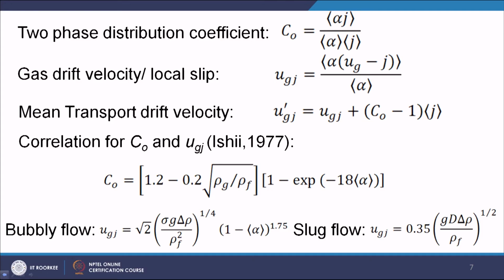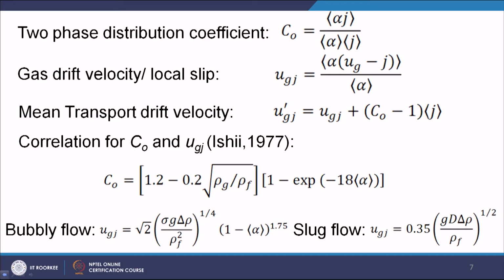So, this is the definition of UGJ. On the other hand, C naught is the two phase distribution coefficient. That definition I can write down: C naught equals the area average of alpha into J divided by the area average of alpha and the area average of J, right.